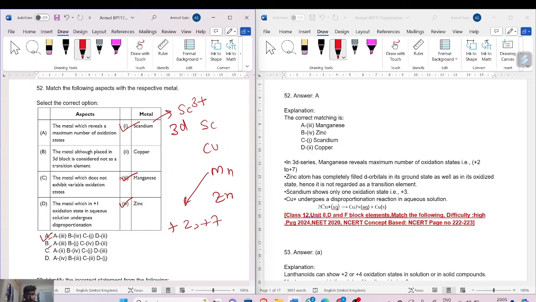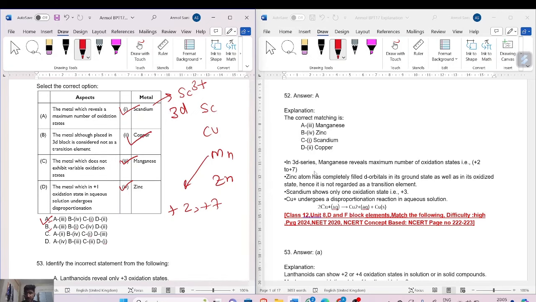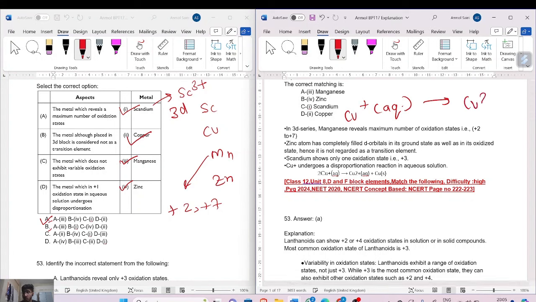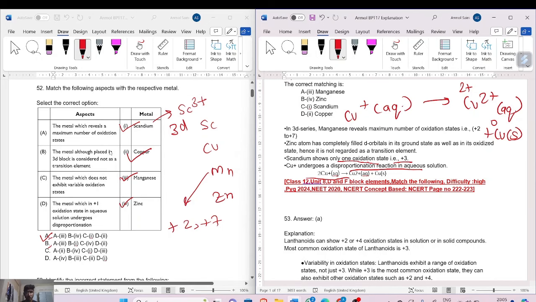The metal which in +1 oxidation state in aqueous solution undergoes disproportionation reaction is copper: Cu+ (aq) goes to Cu2+ (aq) and Cu (solid). Here the oxidation state of copper is 0 and here it is 2+. And scandium has only one stable oxidation state, that is +3. So the correct option is A.